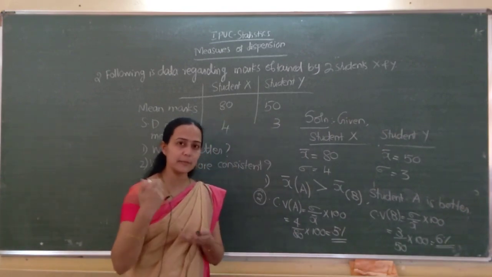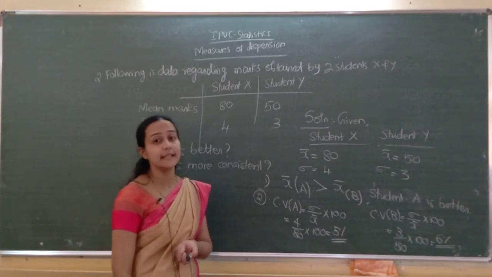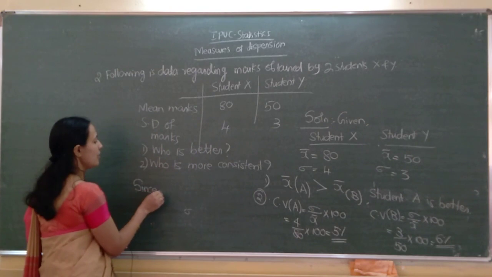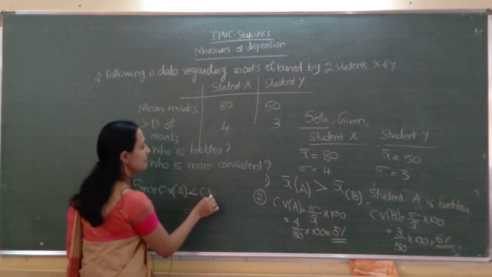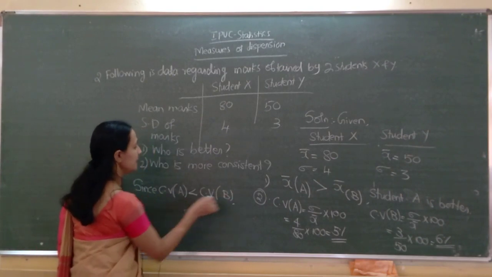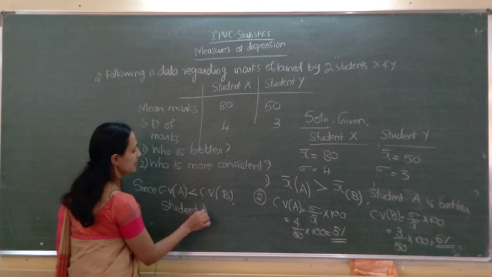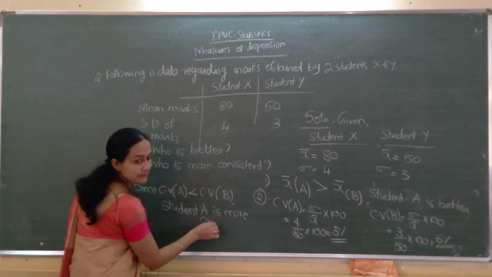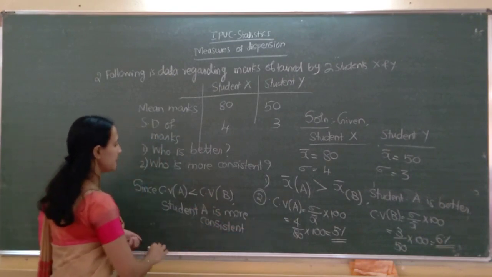Which CV is more? If CV is less, then more consistent. Which CV is less? Student A, isn't it? So since CV of student A is less than CV of student B, student A is more consistent. Clear na?